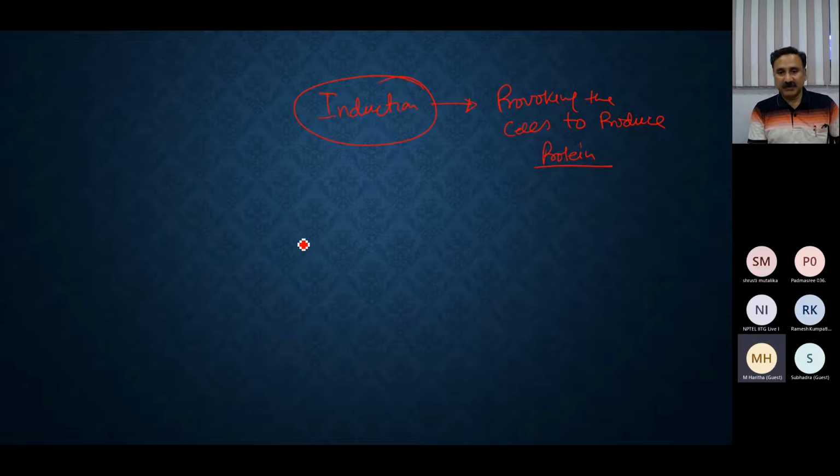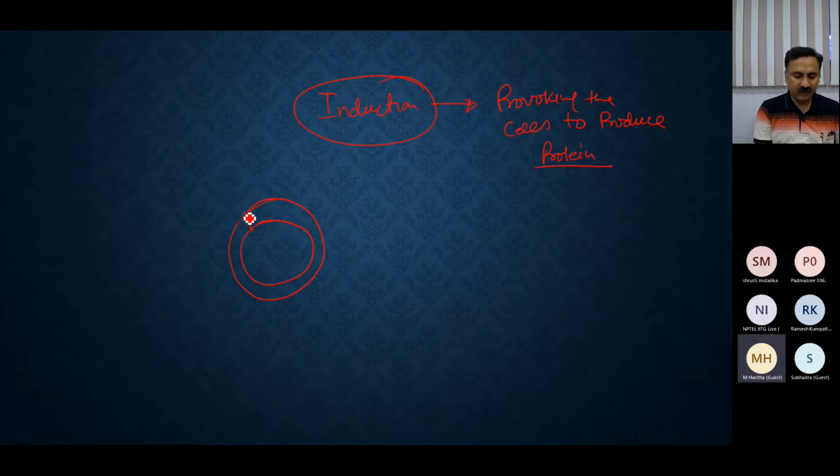If I do some action, you may get provoked and you will do the action accordingly. In a plasmid, you have the promoter, and under the control of this promoter you have put your gene, which you want to induce. This promoter binds the transcription factor. This is the general term. Transcription factors are also proteins.